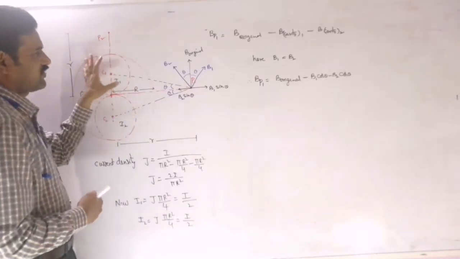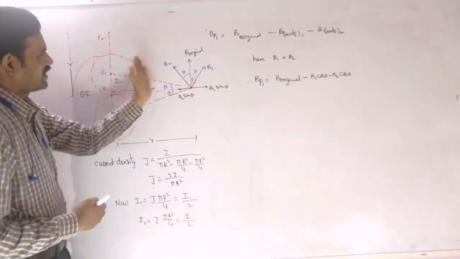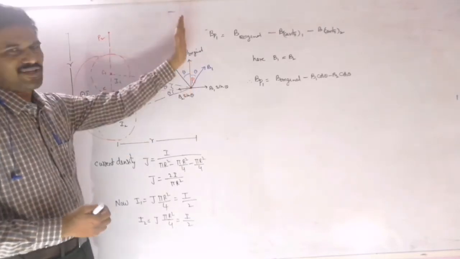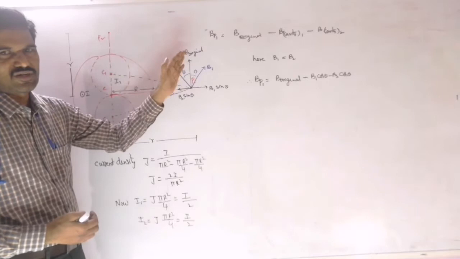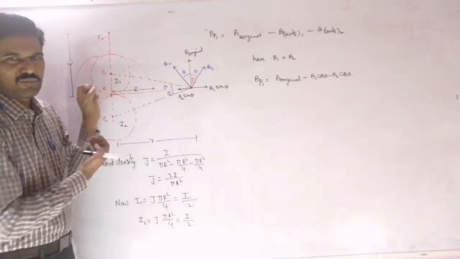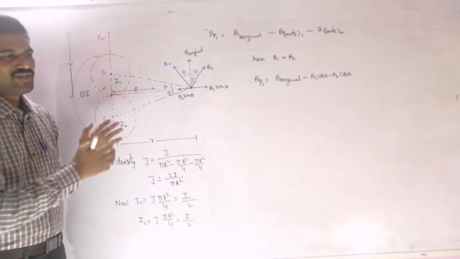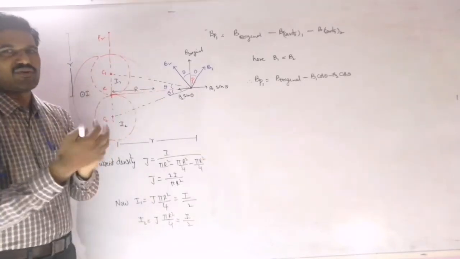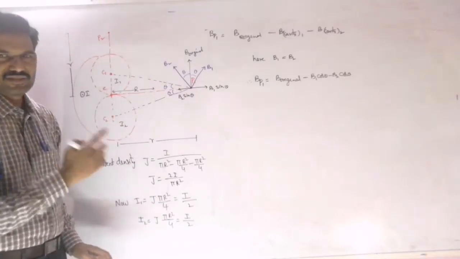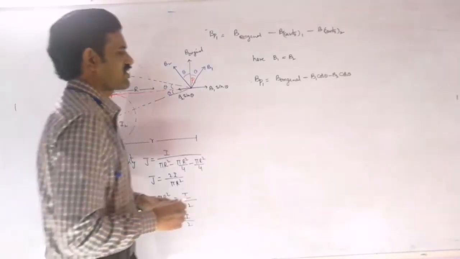Similarly for this one, if it is present, its contribution to the magnetic field at P1 would be B2 cos theta along this direction. But that part is not there, we already removed it, that is a cavity. So we subtract its contribution from the original magnetic field of the original conductor. Is it clear?